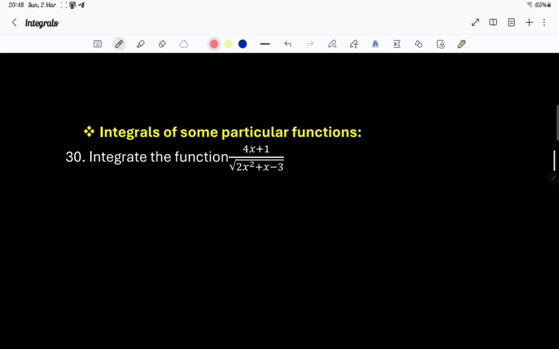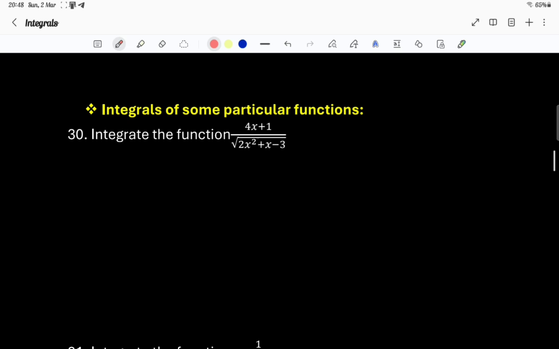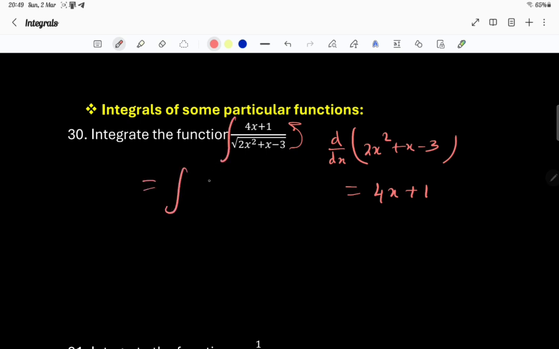Now, integrals of some particular functions. You have to make the derivative of the denominator function appear in the numerator. Like 2x² + x − 3, what is the derivative of that? 4x + 1. So it is directly coming.